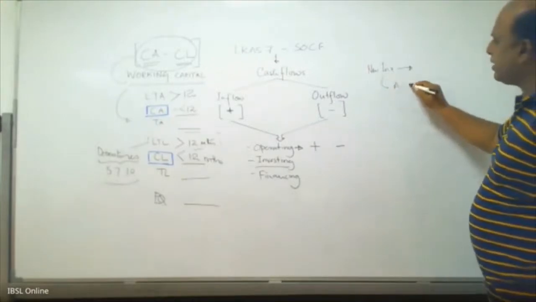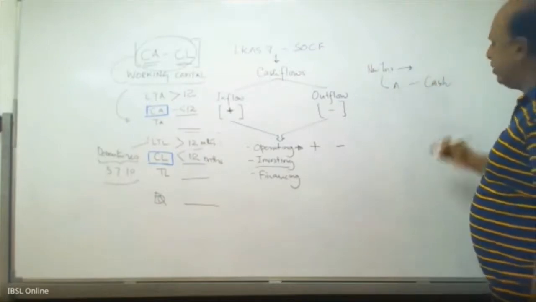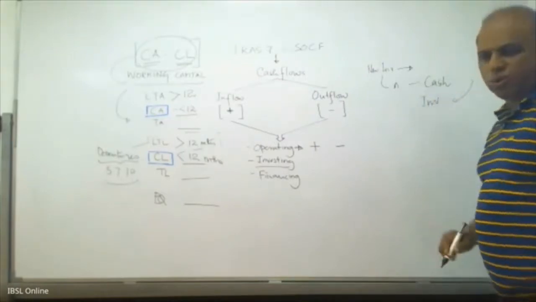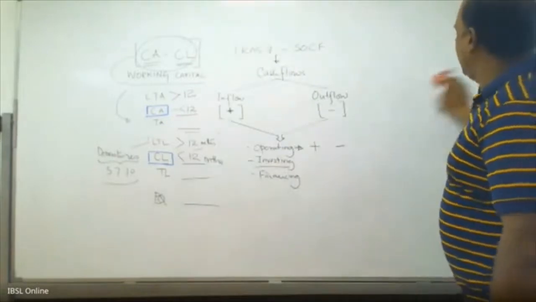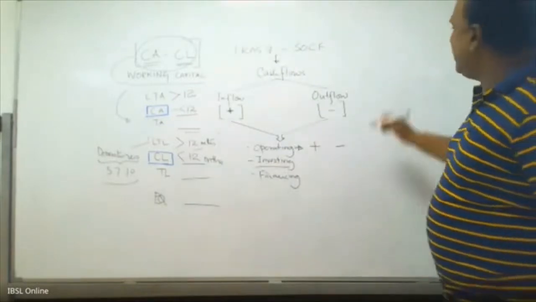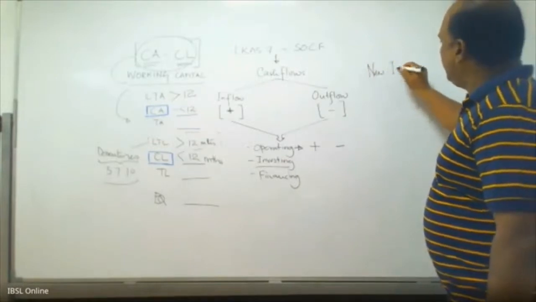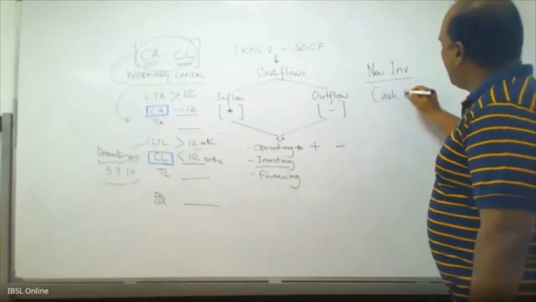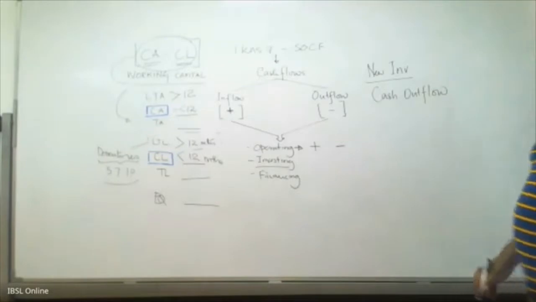What is your existing asset? Cash. You will bring in a new asset, which is your investment. So when you make a new investment, there is a cash outflow. Why? Money is going to go out.